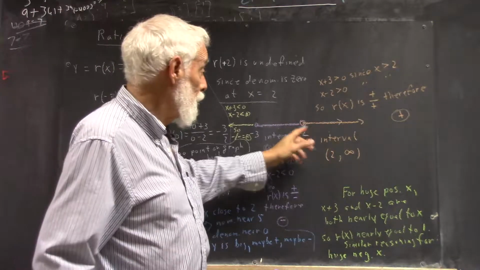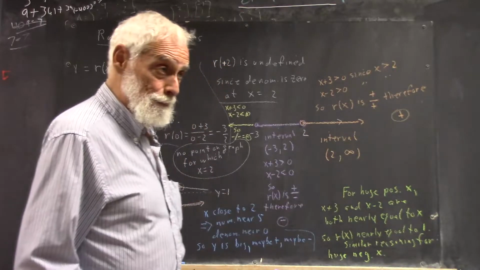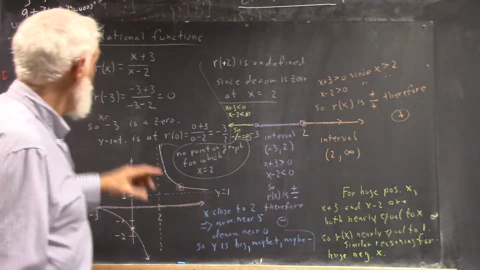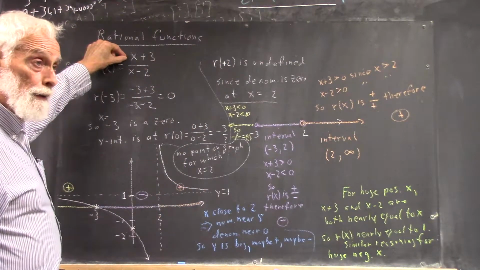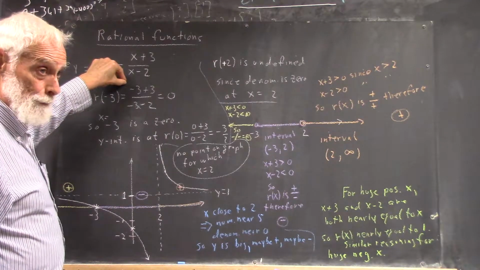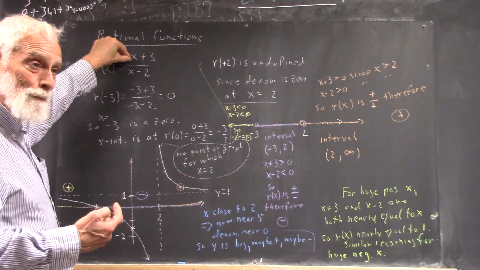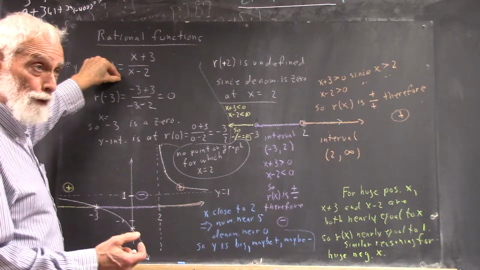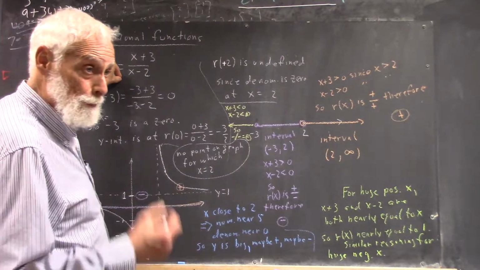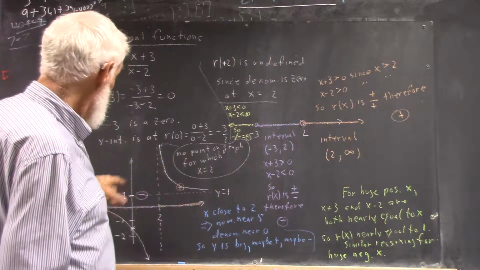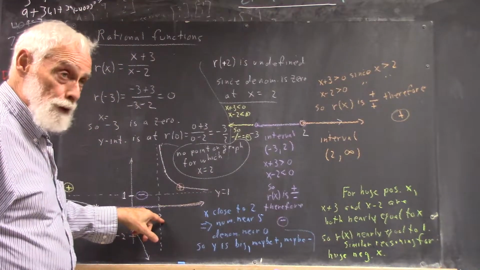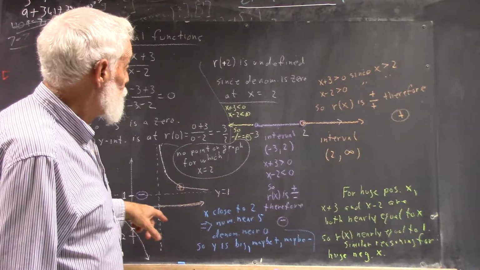You can't change sign on any of these intervals. You can only change sign if x plus 3 changes sign or if x minus 2 changes sign. x plus 3 only changes sign by going through 0. x minus 2 only changes its sign by going through 0. Okay? So only at the zeros can you change the sign.